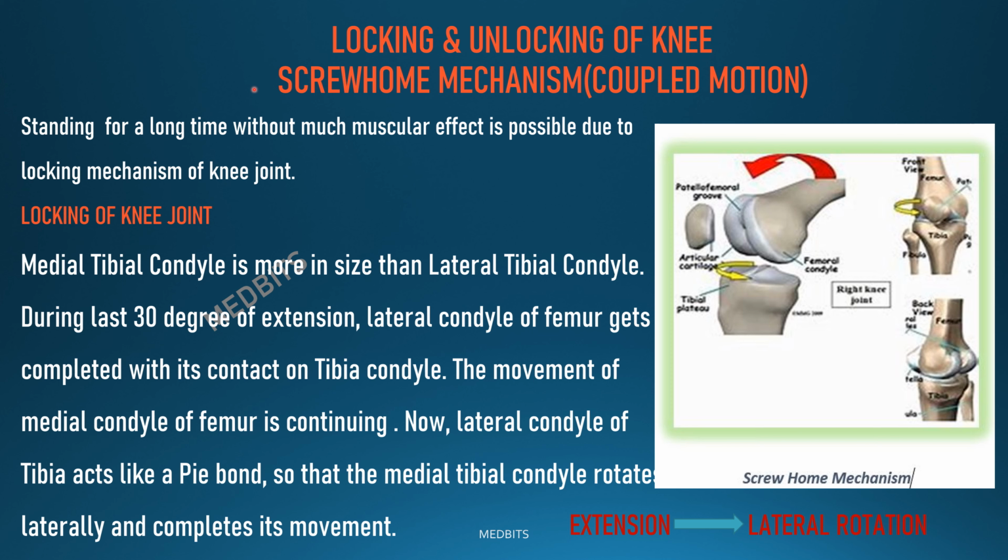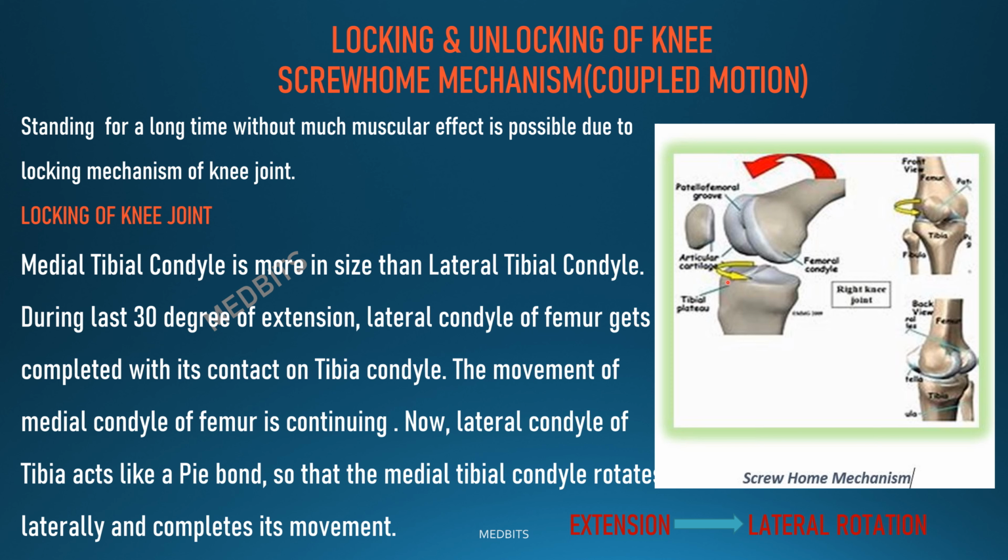Locking of the knee joint, coming to that: the medial tibial condyle is larger in size than the lateral tibial condyle. During the last 30 degrees of extension, which means when it goes to full extension, before that state, the lateral condyle of the femur completes its contact on the tibial condyle.